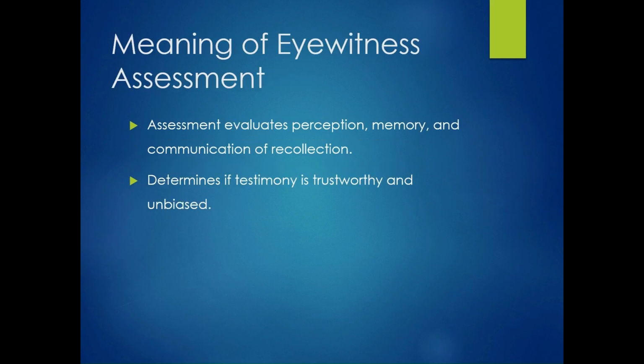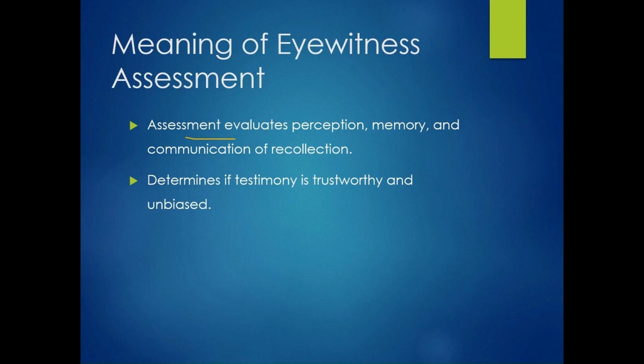Let's see what is the meaning of eyewitness assessment now. We said that an eyewitness has to be reliable and accurate, right? And for that they need psychological assessment to make sure that they are actually reliable and accurate. So that is what we are going to see, the meaning of eyewitness assessment. So eyewitness assessment refers to the psychological evaluation of how the witness perceived, encoded, stored and recalled an event.